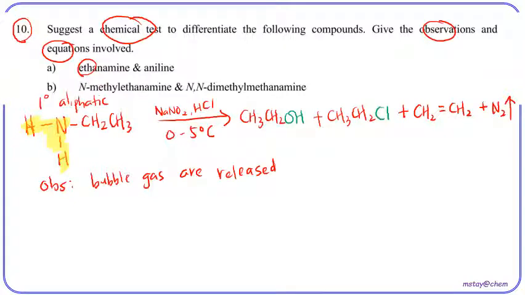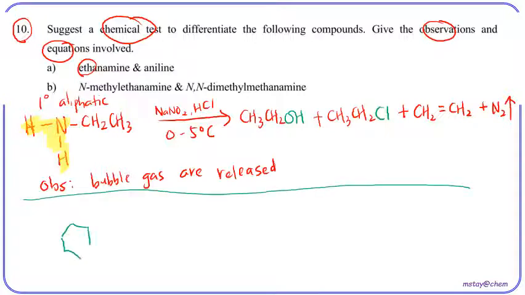Okay, then the second one we are going to do is for the aniline. Aniline has a benzene ring attached to a nitrogen with 2 hydrogens. So this one is a primary aromatic amine. The same thing, we are going to react with sodium nitrite, HCl at 0 to 5 degrees Celsius.